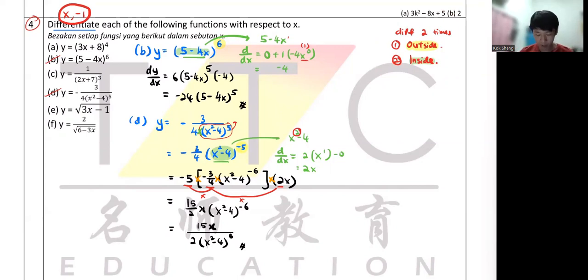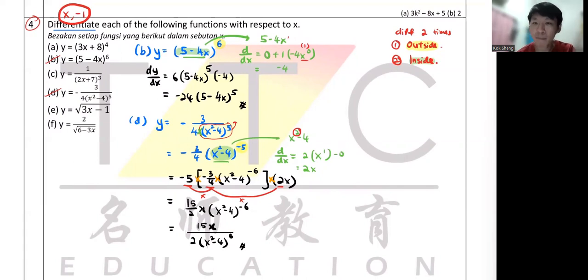Okay, outside, inside here. You are using outside, inside when the power is not 2 or 1, because the only powers you can expand are power 2 and power 1.